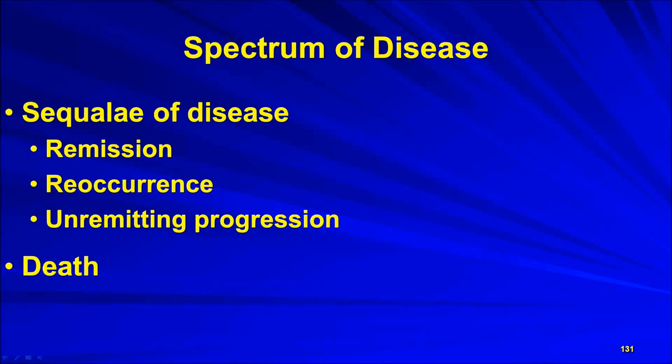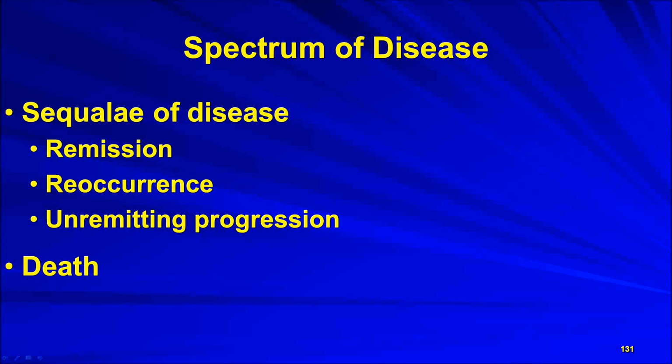Is it temporary reduction in signs and symptoms, or do signs and symptoms become undetectable for a while, due to the lack of sensitivity and specificity, cover those terms, of our equipment and detection methods? In some diseases, they reoccur. Cancer's a good one to look at.